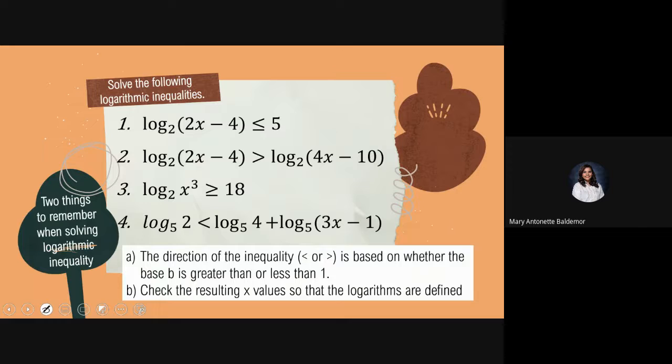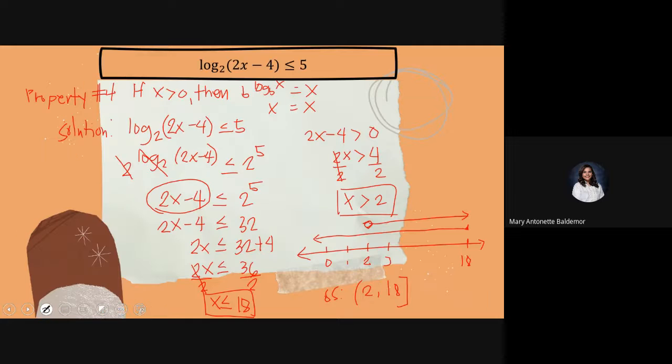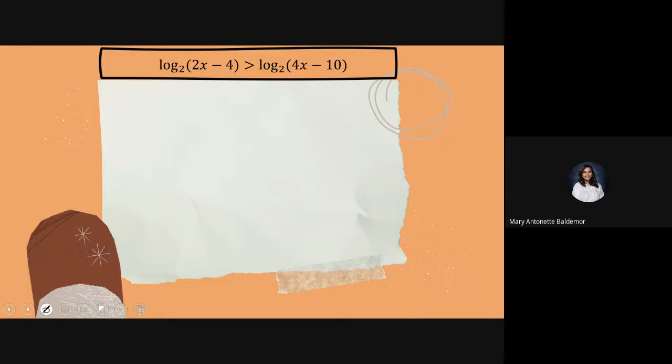So we have number 2, the logarithm of 2x minus 4 with a base 2 greater than the logarithm of 4x minus 10 with a base 2. Okay, so let's try this one.